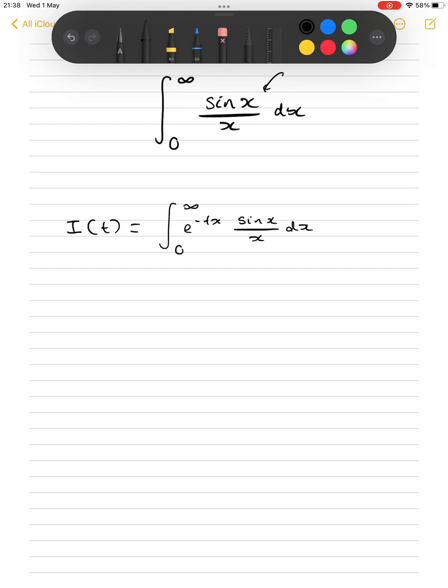the integral sign. So we're going to have our new differentiated function, I prime of t. And this is just the exact same thing, and we have the partial derivative with respect to t here.